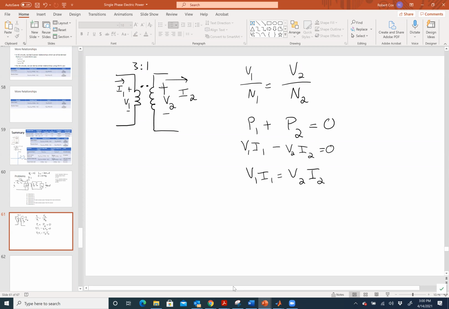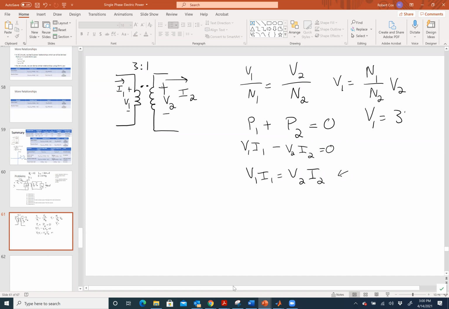Okay, so that's good. How do I solve this to get a relationship now? I plug in V1 and substitute for V2. So V1 equals what? N1 over N2 times V2, which in this case is 3.